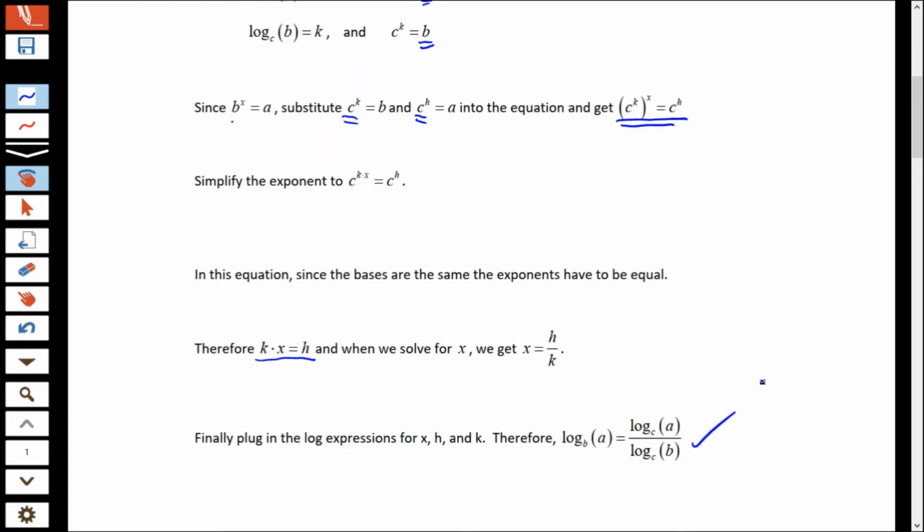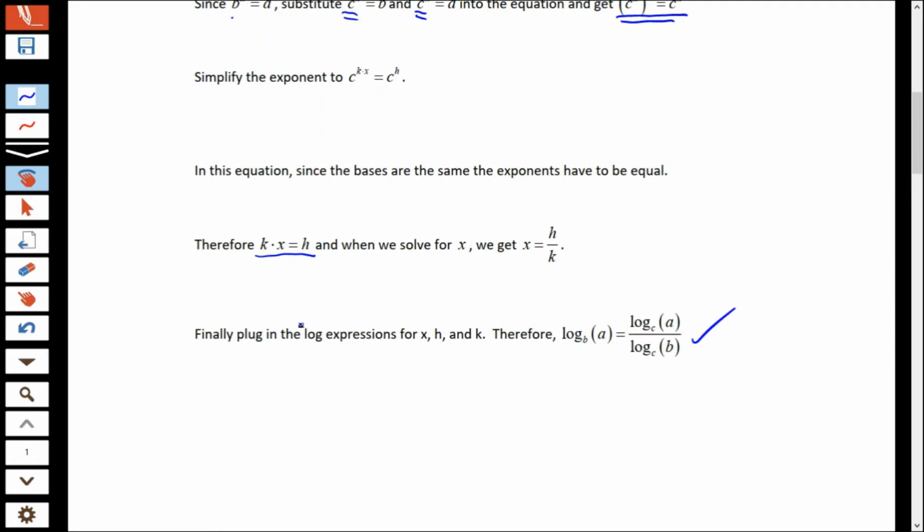So now, you might be saying this is rather unremarkable. This proof doesn't shed any kind of light on what it's used for or why it's important, but it actually is kind of important for being able to calculate logs of various values. So for example, log base 2 of 50.